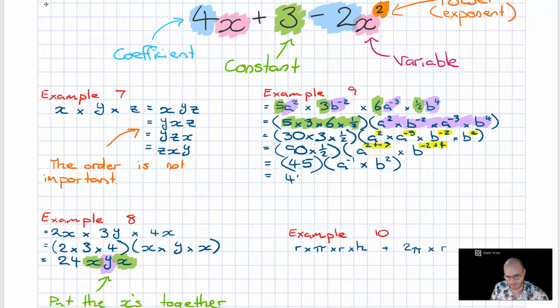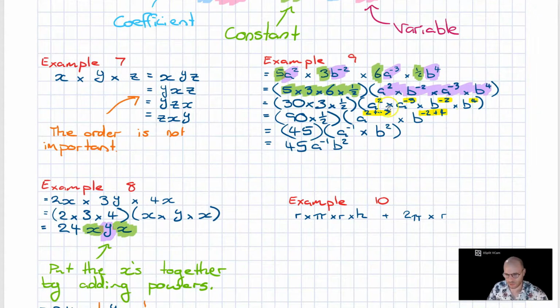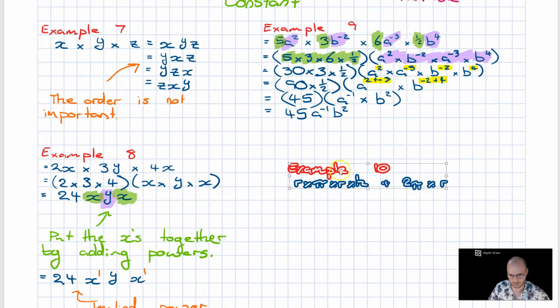So therefore our final result is 45a to the negative 1 b squared, like so. So the lesson from this example is when you're dealing with lots of coefficients, either throw them all in the calculator or break it down by piecework.